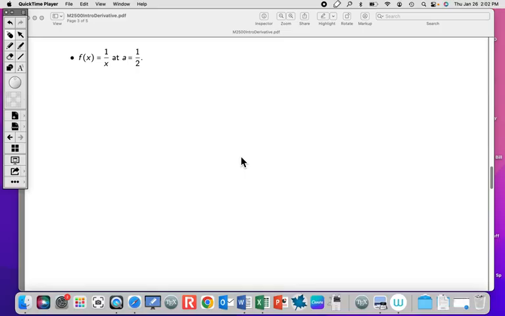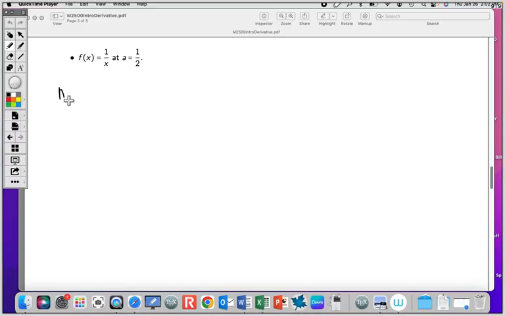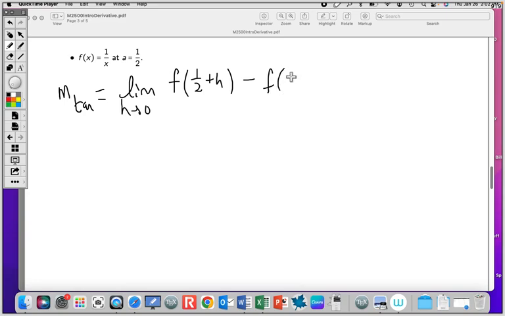We get the slope of the tangent line using the alternate formulation here. So another way to get the slope of the tangent line is we're going to take the limit as h goes to 0 of f of a plus h, so in this case 1/2 plus h, minus f of a, divided by h.